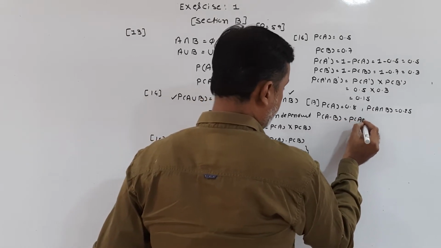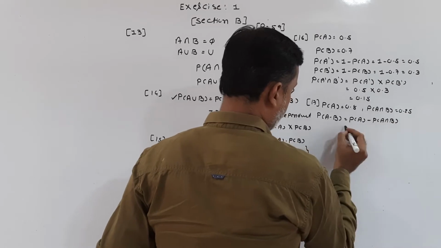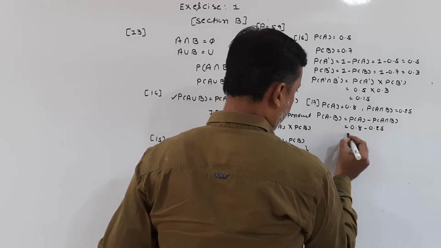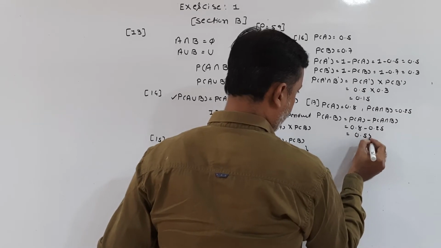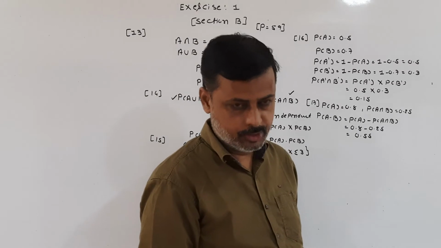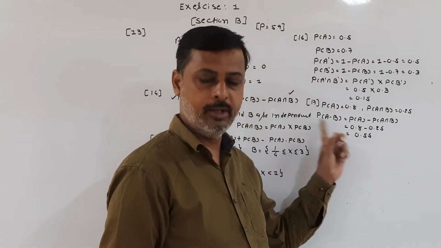A minus B is equal to P of A minus P of A intersection B, 0.8 minus 0.25, that is 0.55. We just have to apply the formula here.